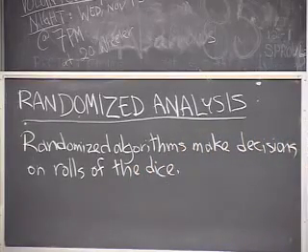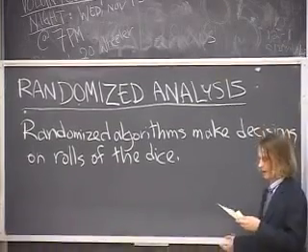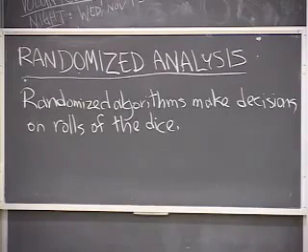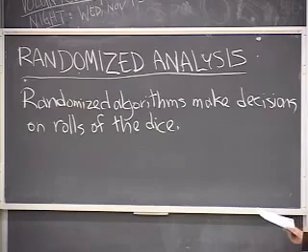You call your random number generator and you get a random number, and based on that you decide what to do. The random numbers actually help keep the running time of quicksort and quickselect low. On the other hand, a randomized algorithm will occasionally run a little bit slower than expected just because you got bad rolls of the dice.